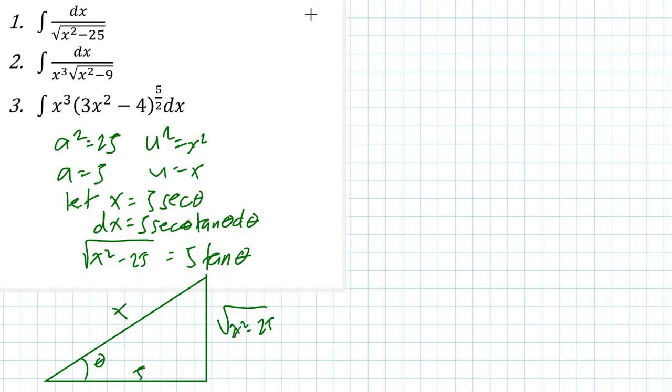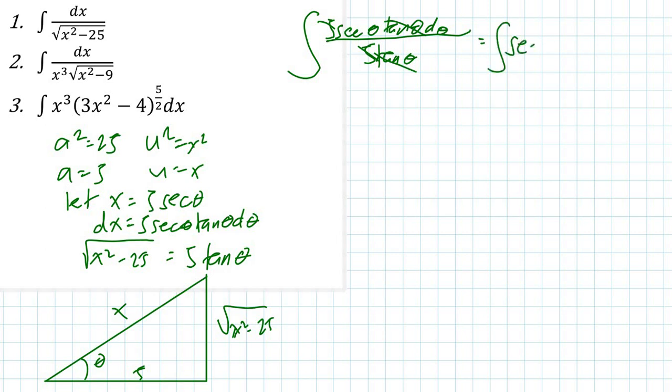So therefore, by performing the substitution, dx is equal to 5 secant theta tangent theta d theta, and the square root of x squared minus 25 is 5 tangent theta. So here we can cancel the 5 and the tangent theta. What is left is the integral of secant theta d theta.